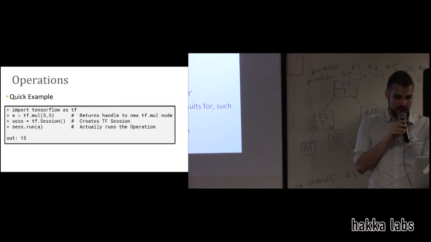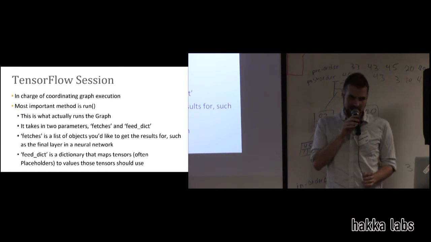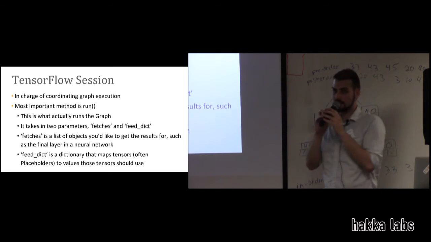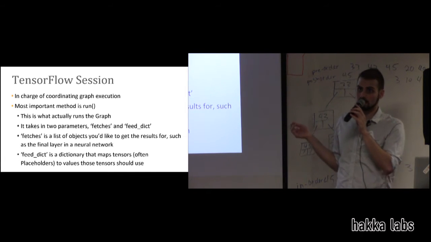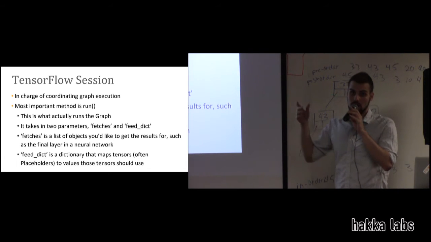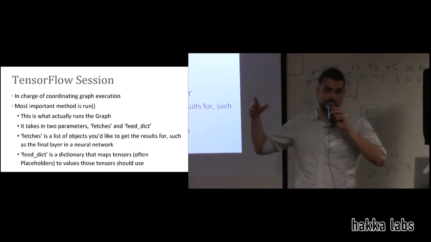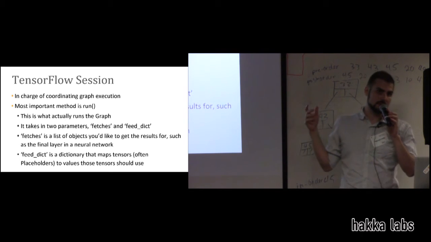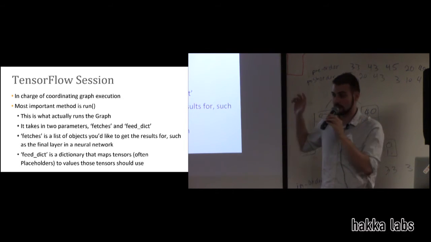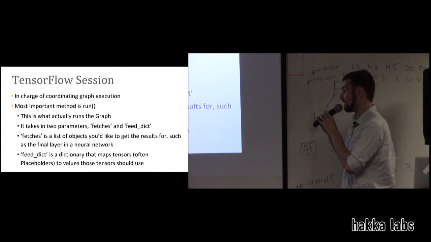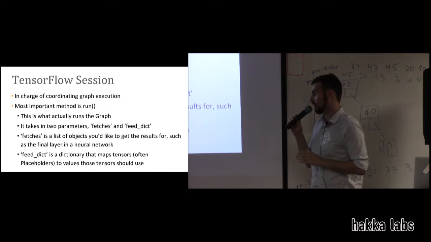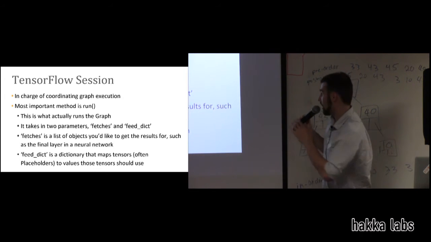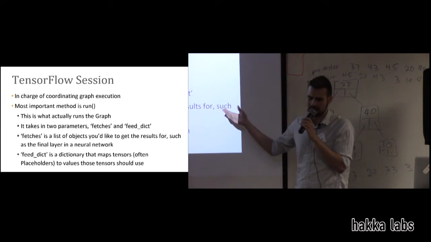Going back. OK, and then this feed dict parameter. We talked about how we have placeholders. There's actually a number of ways to give values to those placeholders, to those input values. The most common way you would see it done these days, especially when you're not doing a distributed session, is to use this feed dict parameter.